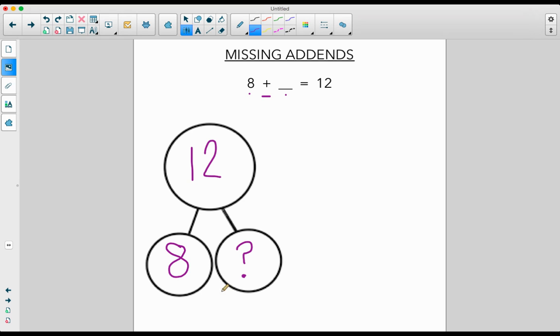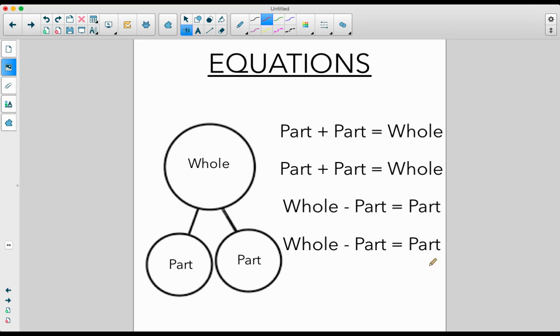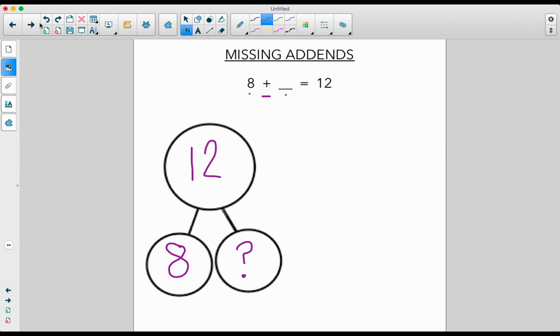So if we're looking at this, I could then think back to all of my equations right over here that we first learned. And I could say, 8 plus something is 12. Nope, that doesn't really help me. What if I did it the other way? Something plus 8 equals 12.